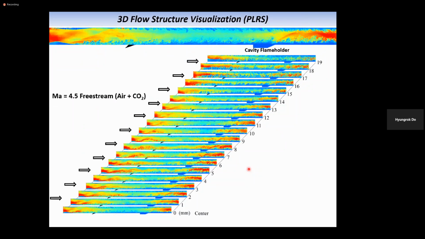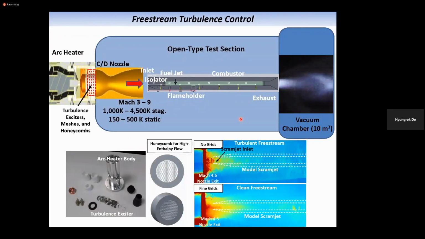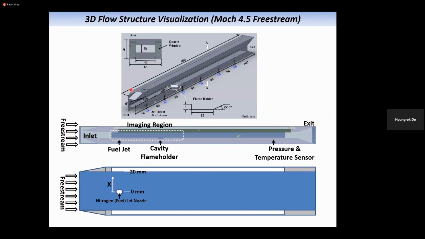Okay, so this is the flow structure that has been measured with planar laser Rayleigh scattering. So you are basically injecting a two-dimensional laser beam from the back to the upstream. So these are the flow structures inside this aircraft vehicle. The laser beam is from the back to the front.